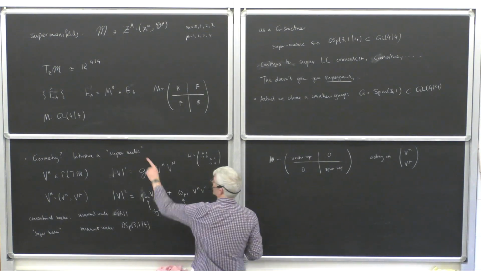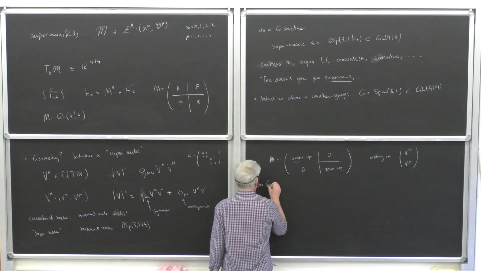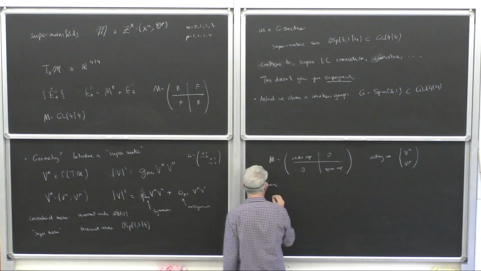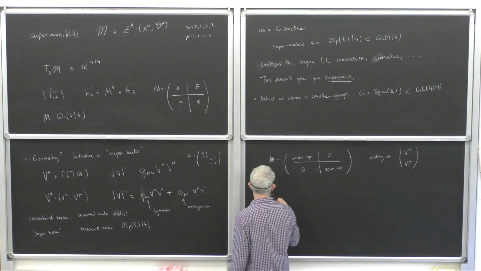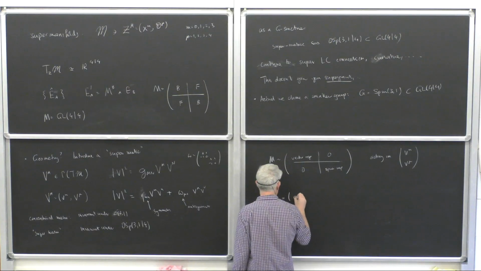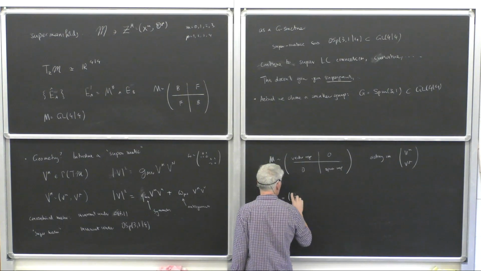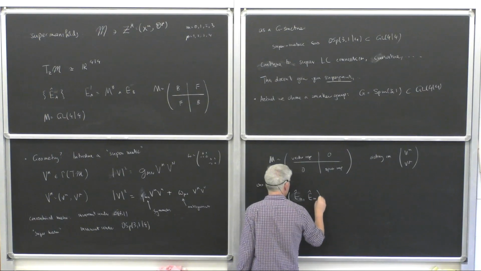So we actually look at frames, so put slightly better, our frames look like the following. So we have E hat A, E hat alpha.